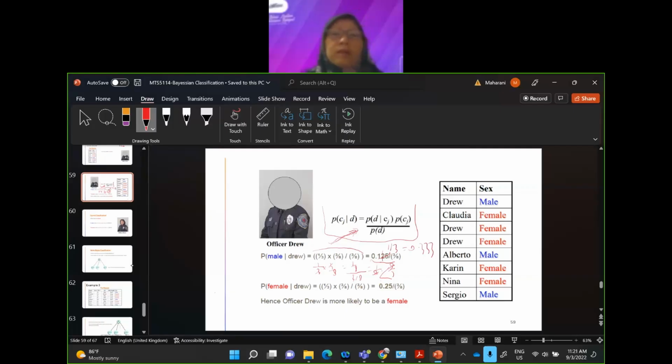What about the one below, for female? It means 2/3, right? Not 1/3. The value is already correct, 0.25, but I am confused because for female it should be 1/3 or 2/3. For female with Drew, two, because there are two females.